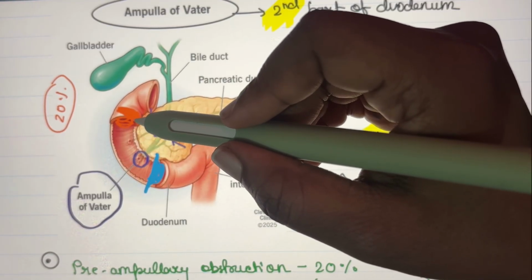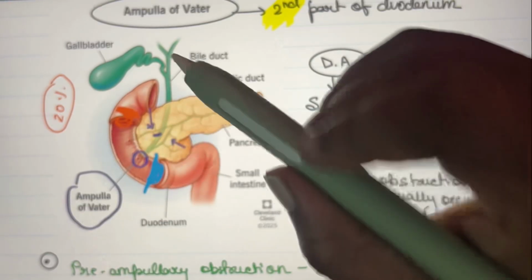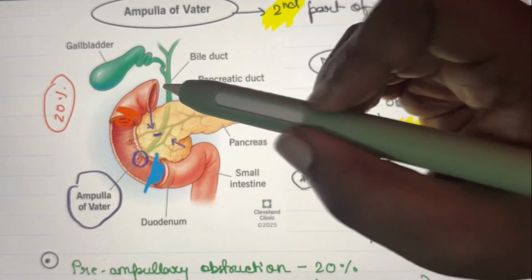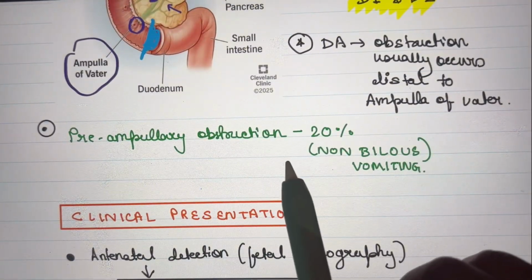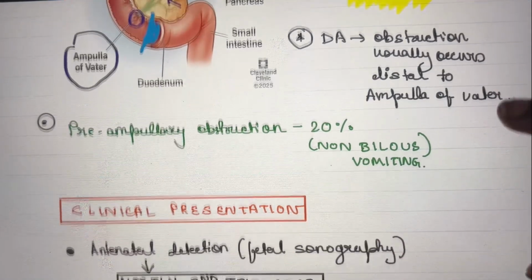Bile is not mixed with it. So remember this, in 20% of cases, there might be non-bilious vomiting in duodenal atresia. If there is a preampullary obstruction, 20% of cases will have non-bilious vomiting in duodenal atresia. Just remember this, very important.